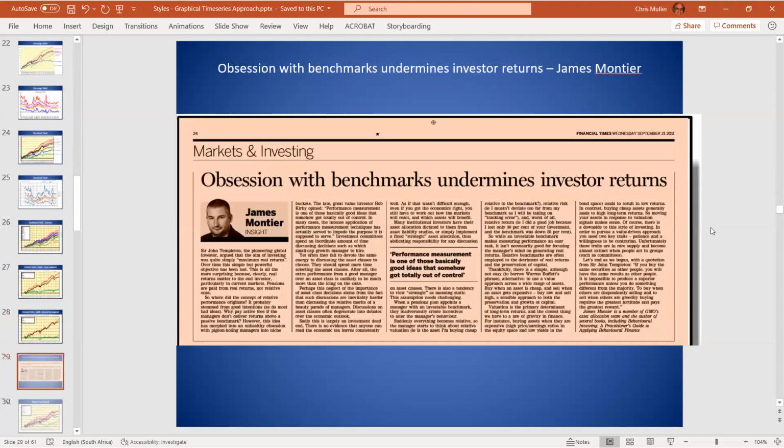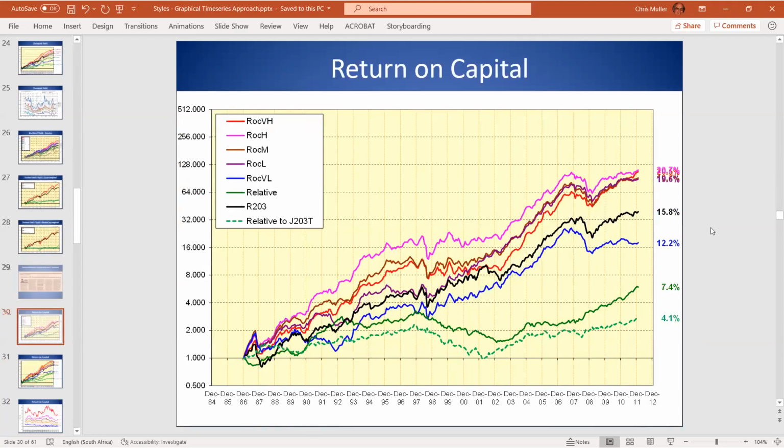Right, I'm going to flip through a couple here to show you some different effects. Balance sheet effects, a return on capital. When we plot them out, here I've called them from very high down to very low return on capital. And it's quite amazing from 1986 until 2011 here. Wow, our top 4 were hardly distinguishable.